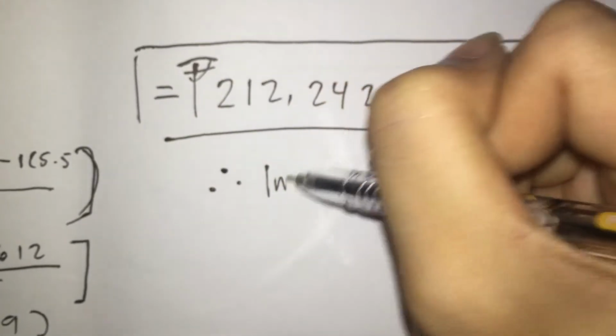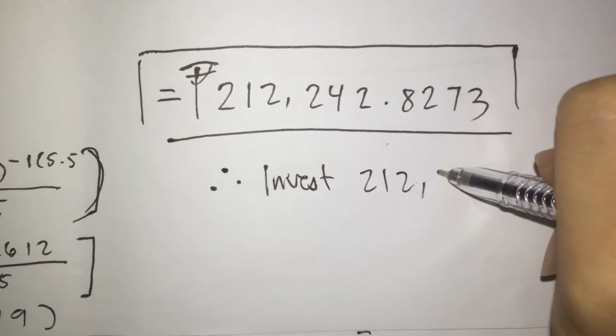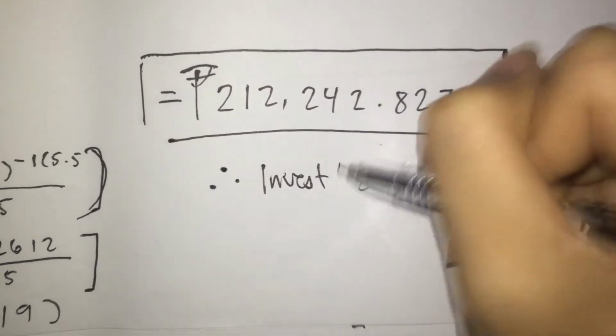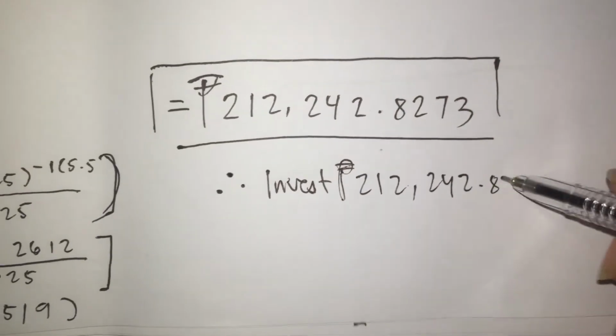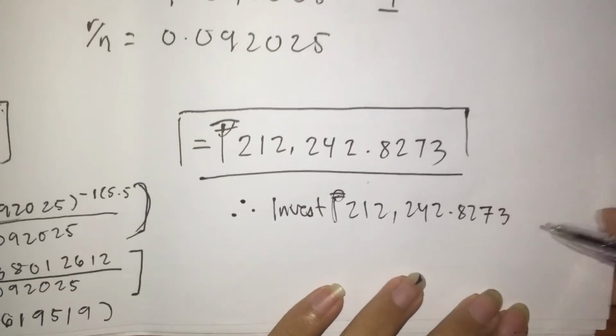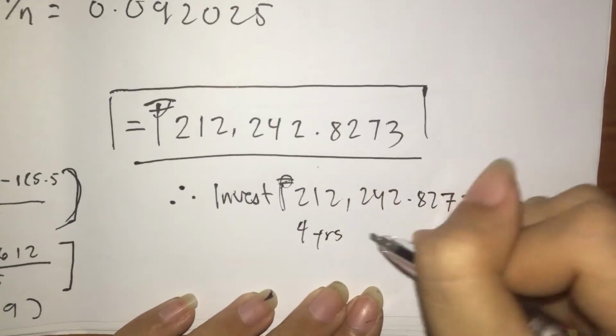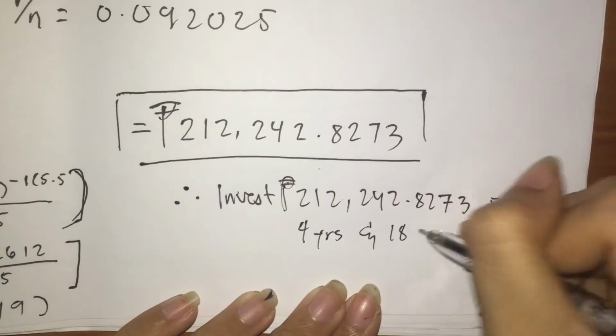So, therefore, it invests 212,242.8273 pesos for 4 years and 18 months.